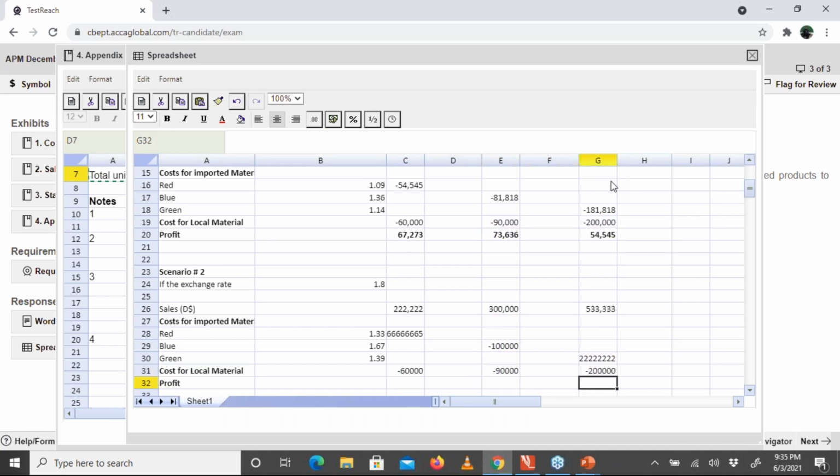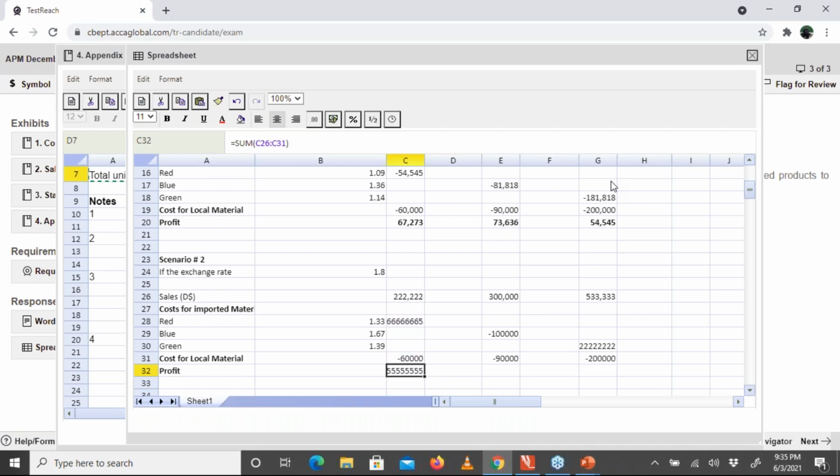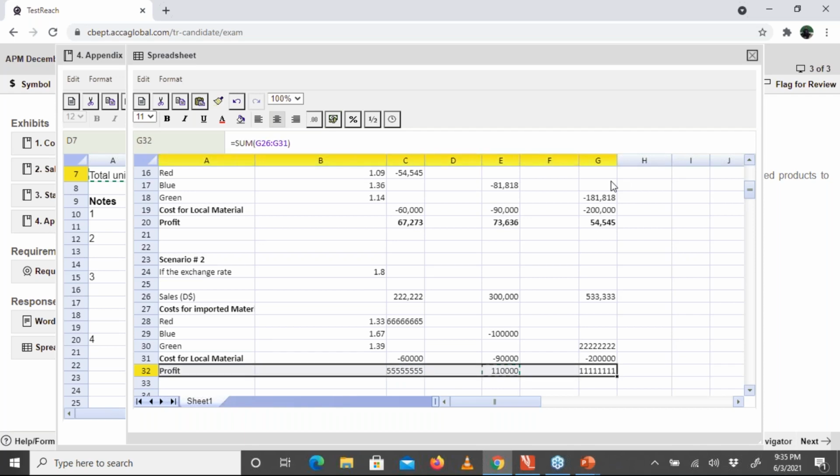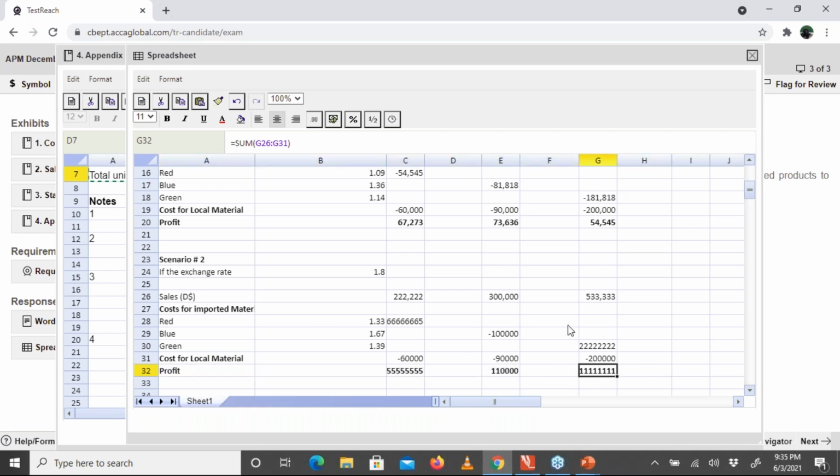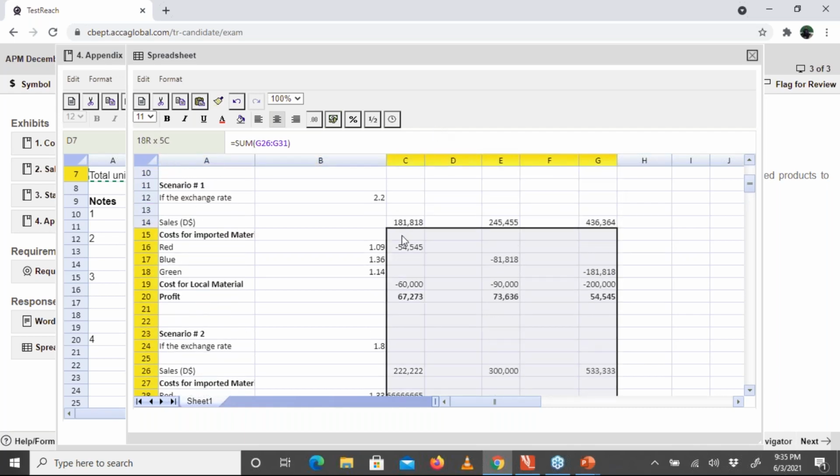The cost of local raw material is going to be the same. So the profit is going to be, so this is what the profit is going to be.